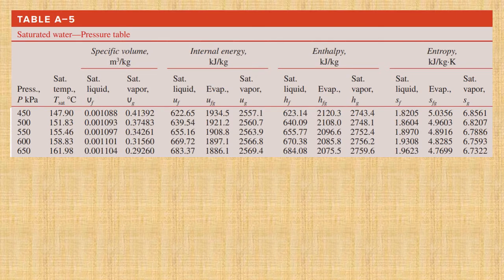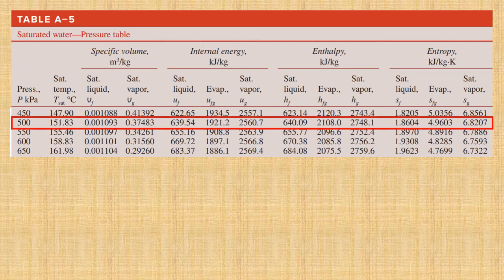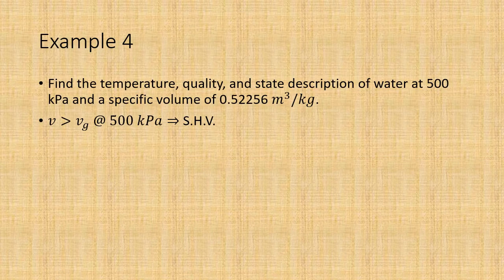We look across the row containing the given pressure of 500 kilopascals and notice that the given specific volume v of 0.52256 meters cubed per kilogram is higher than vg for the given pressure. This means that we have a state description of superheated vapor. Since we have a superheated vapor, the quality is not applicable.